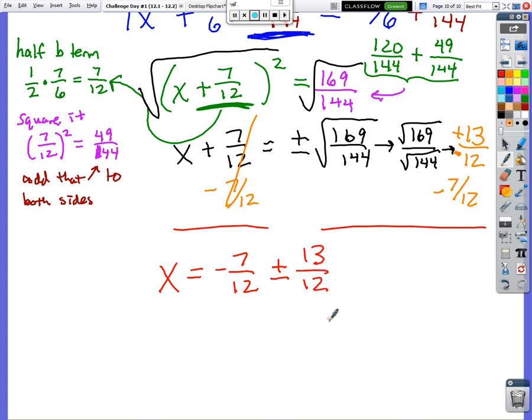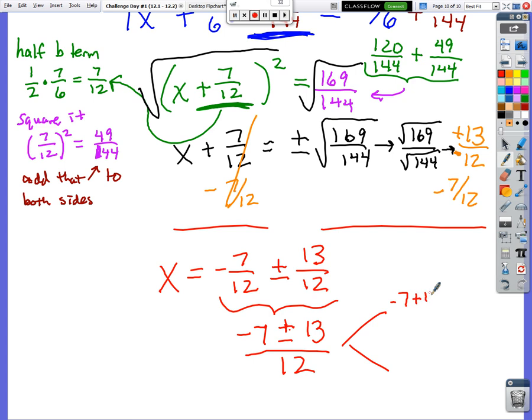Now notice that both fractions are 12ths. So this is really nothing more than negative 7 plus or minus 13 twelfths as a single fraction, which means we can take that negative 7 and add and subtract 13 to it. So this is really negative 7 plus 13 all over 12, and this is also negative 7 minus 13 all over 12.